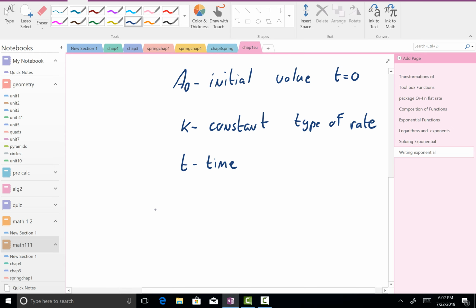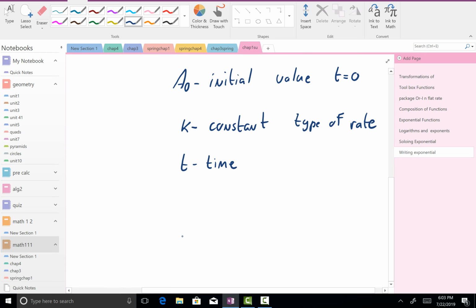So they might give you a formula, or they might have you find a formula. All right, so for example, I'm looking here at something that they have in the book.